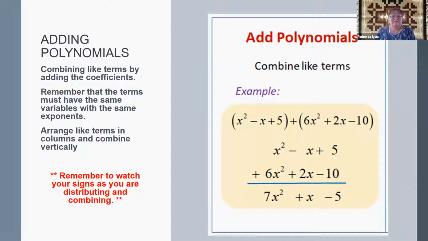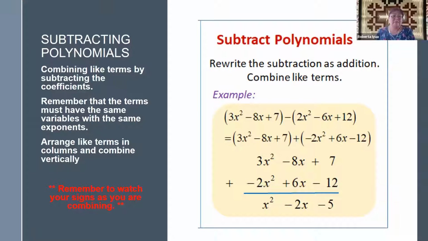In this one, we'll be subtracting polynomials. It is just like solving the addition one. It's the same concept. You can stack them up vertically and combine. As in this example, 3x squared minus 8x plus 7, subtracting 2x squared minus 6x plus 12.